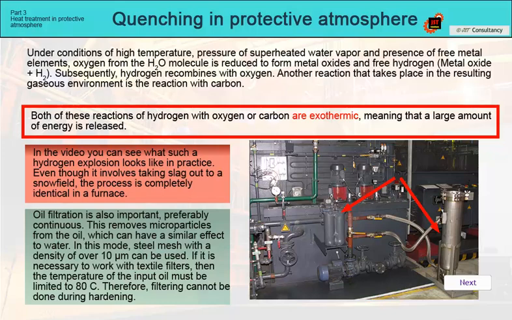However, these can only work effectively up to an oil temperature of 80 Celsius. In such a case, filtering is not possible during quenching, when the oil temperature can rise above this limit. Technical solutions vary. Usually, a pair of these filters are installed in parallel, allowing the filters to be cleaned continuously during operation while the filtration is running.